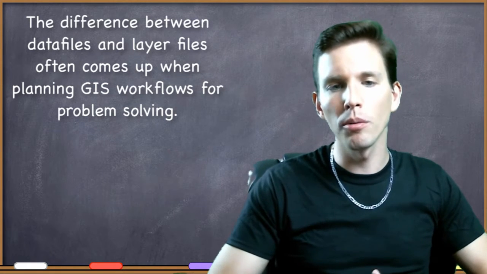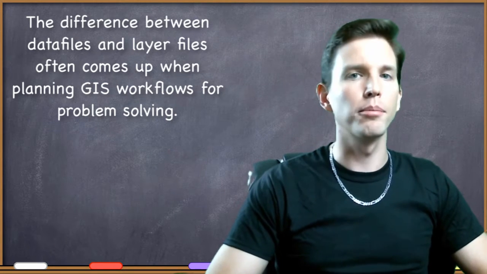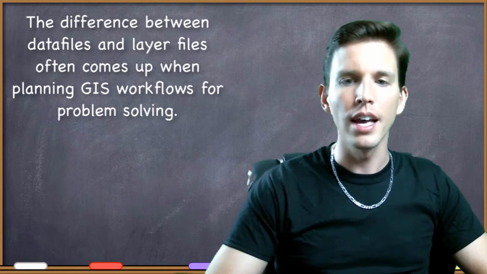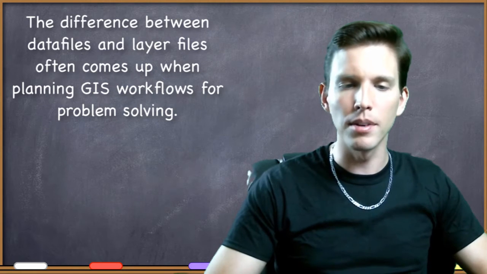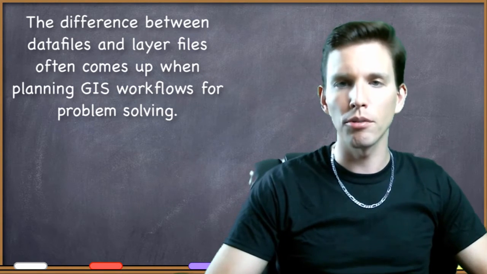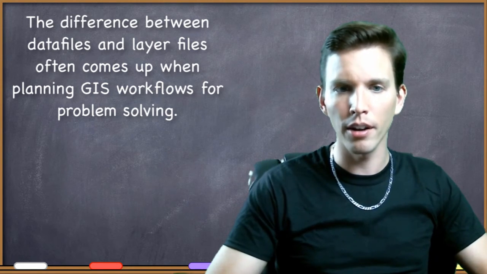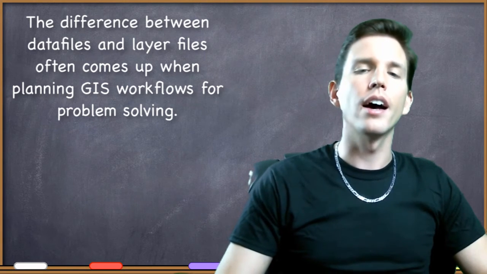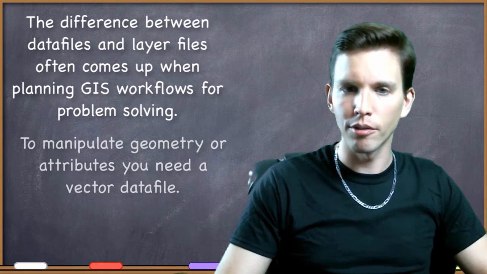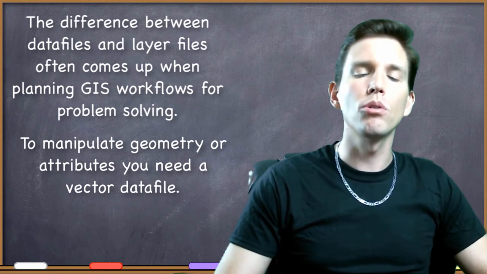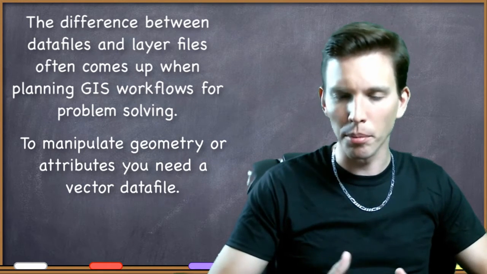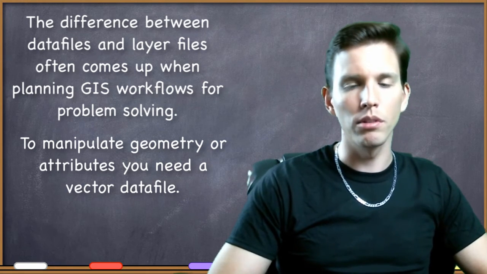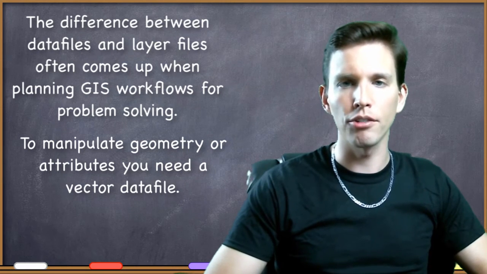If you're going to perform some kind of function, like most of the geoprocessing functions that we're going to be talking about in later lessons, and thereby systematically manipulate the geometry and attribute tables of some data file, then you're going to have to give that tool a shapefile or other vector data file to work with, and then the tool or operation you're performing is going to return another shapefile with the new updated geometry and attribute information.